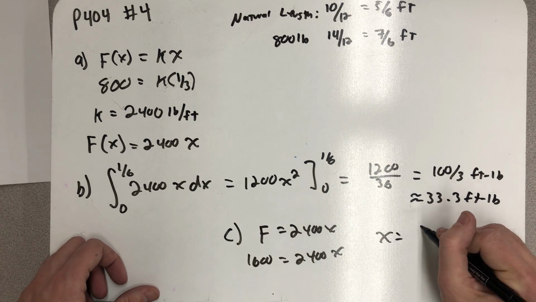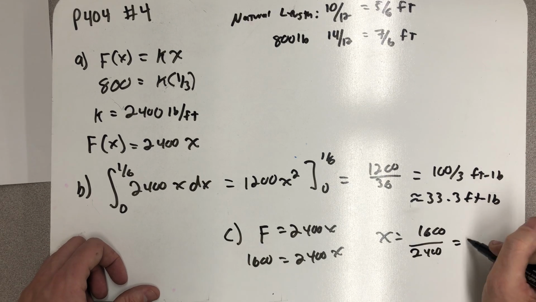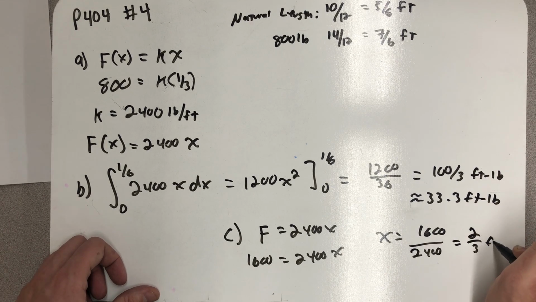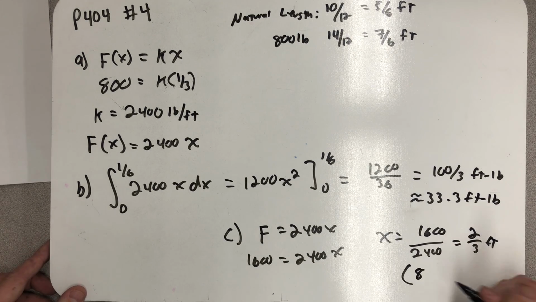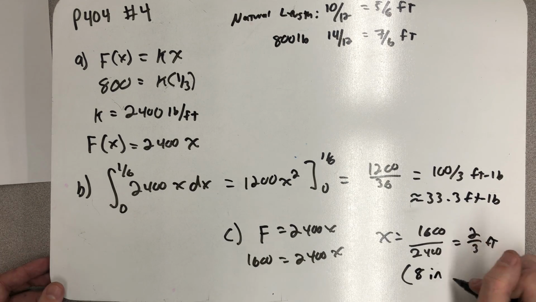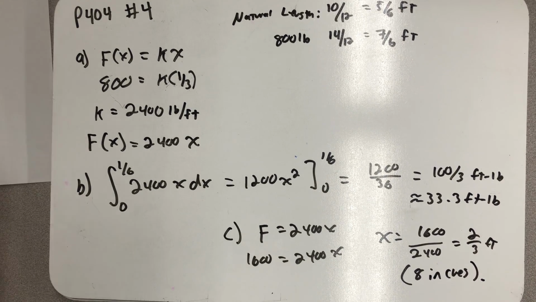So X is 1,600 over 2,400, or 2/3 of a foot. And since this problem actually starts in inches, maybe we want to tell our reader that that is 8 inches. All right, we found the work done by stretching a spring, and then we answered one more question.